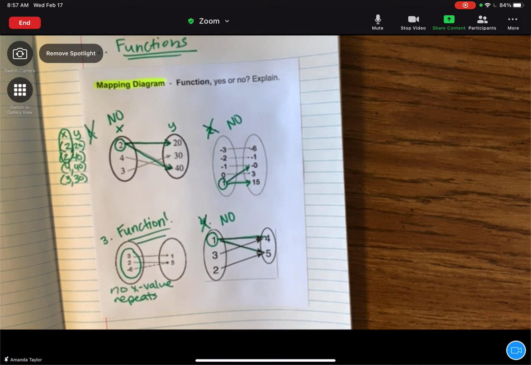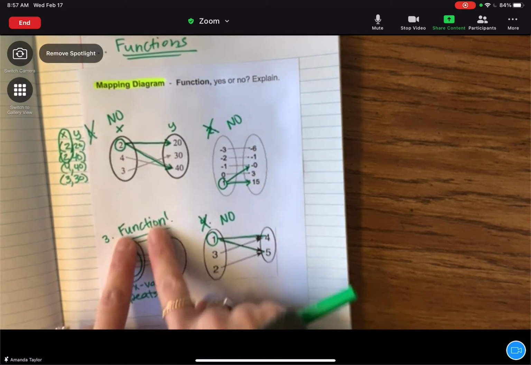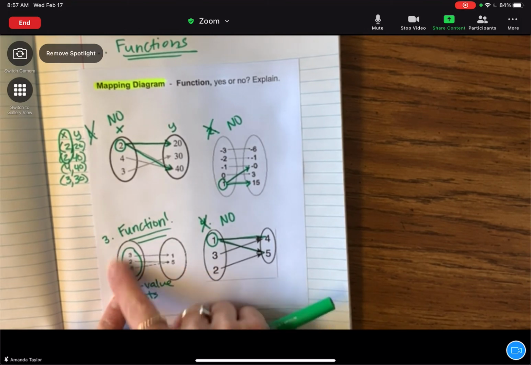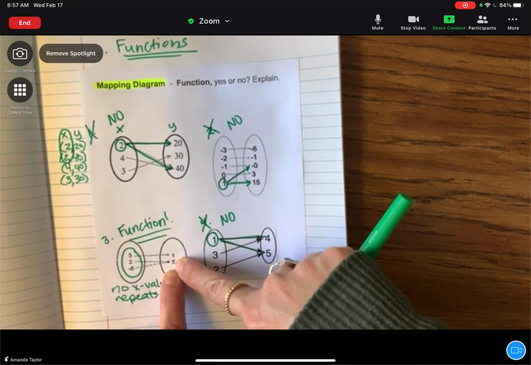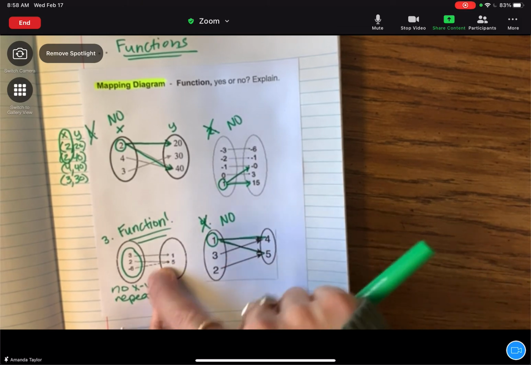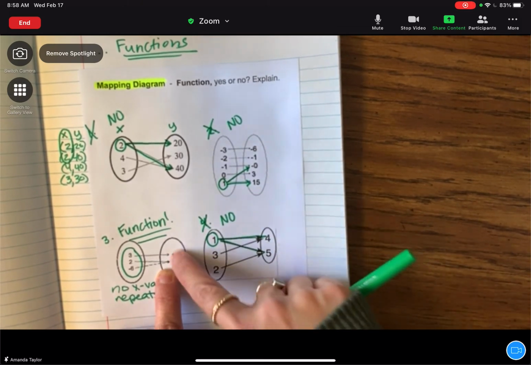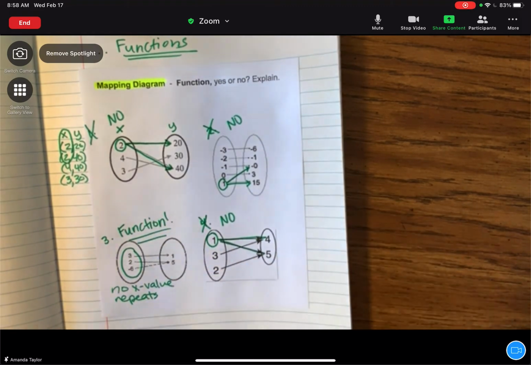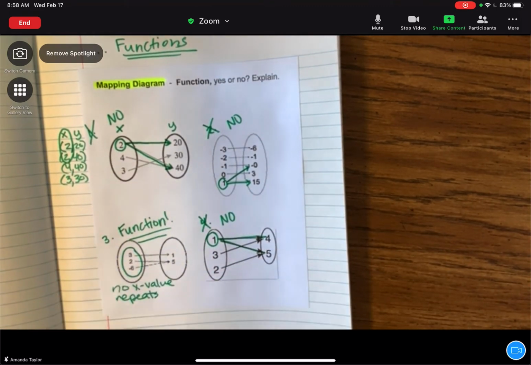Number 3 is the function: none of the x values repeat. Do you notice how 5 has 2 arrows coming to it? That's okay. The 5 can be listed out twice, just the x values, just looking at the left side.